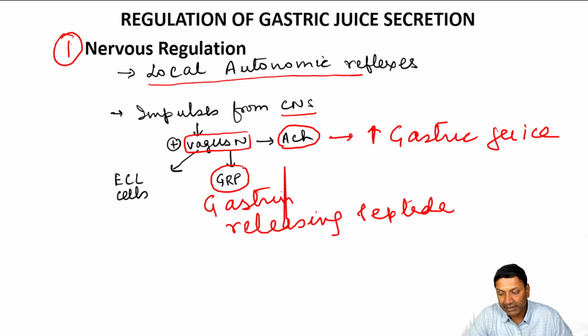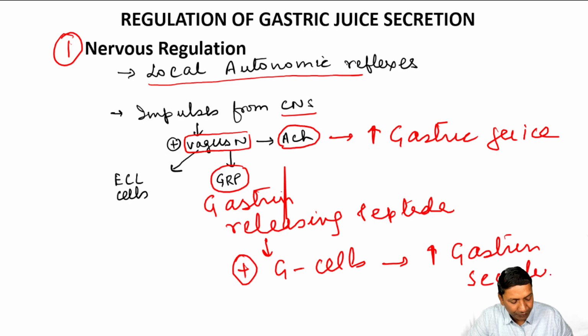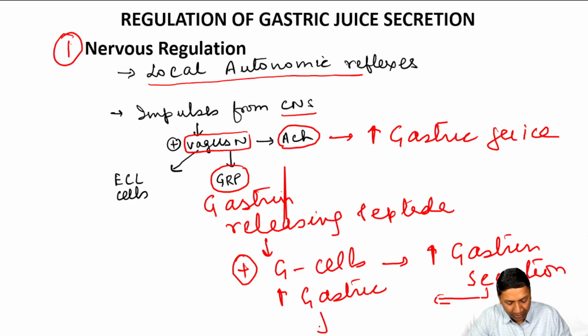So this gastrin releasing peptide will stimulate the G cells in the stomach, and these G cells will increase the gastrin secretion, right? And this gastrin secretion will lead to increase in the gastric juice secretion, right?